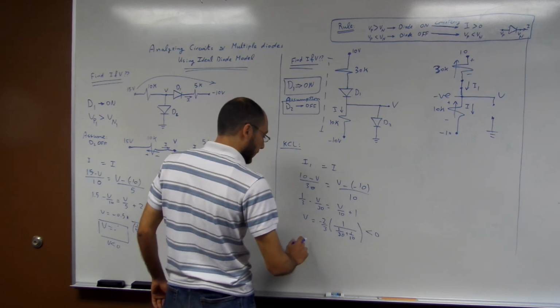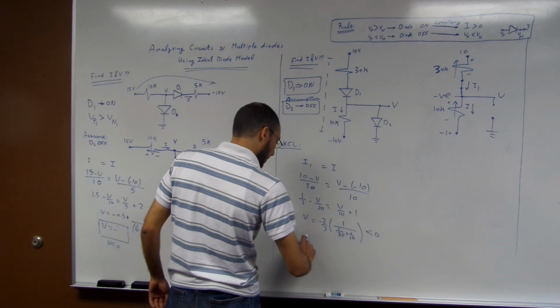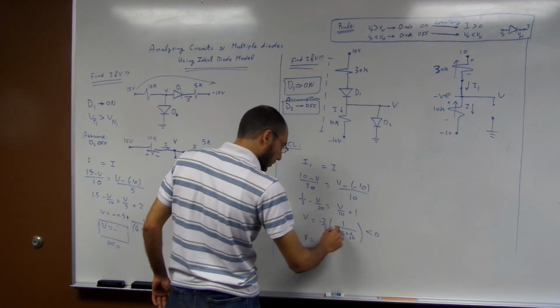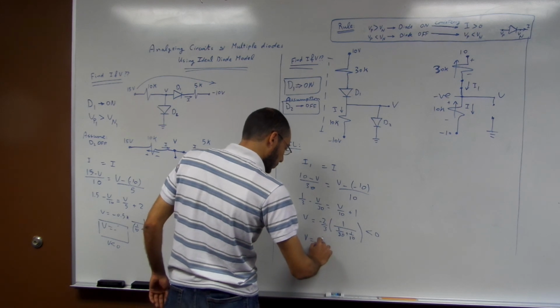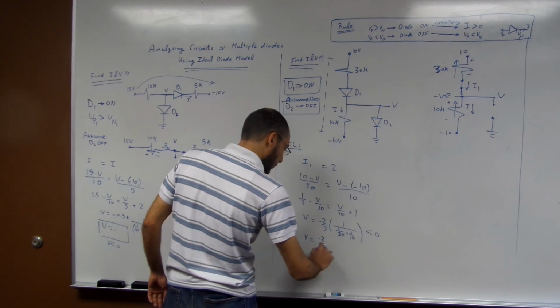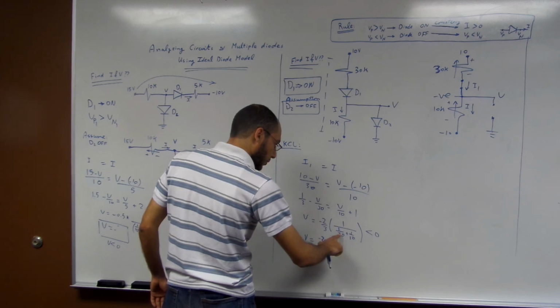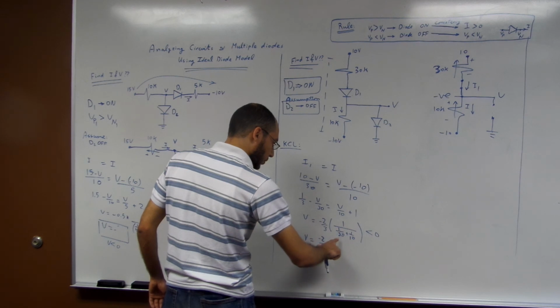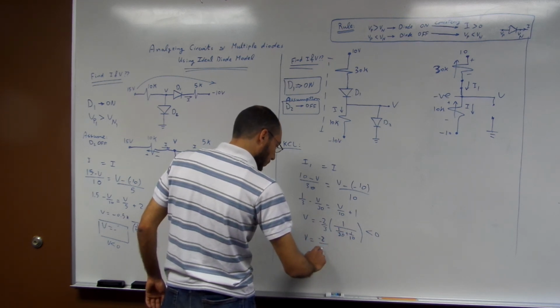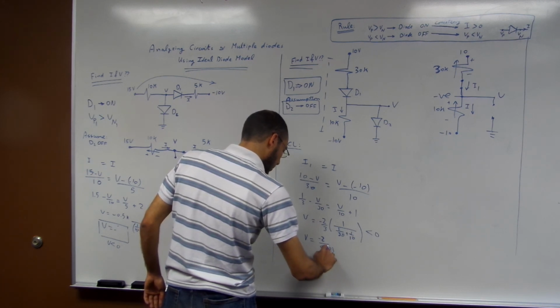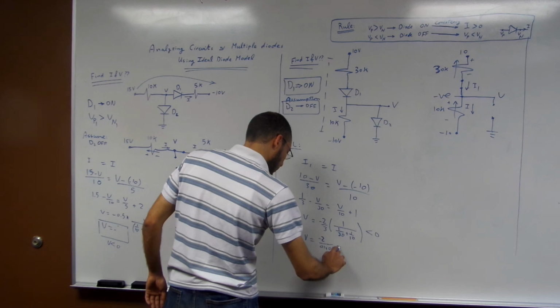What is the value of V? V is equal to negative 2 over 3, 1 over 10, 3 over 10, so 0.1 plus 0.3, 0.4.